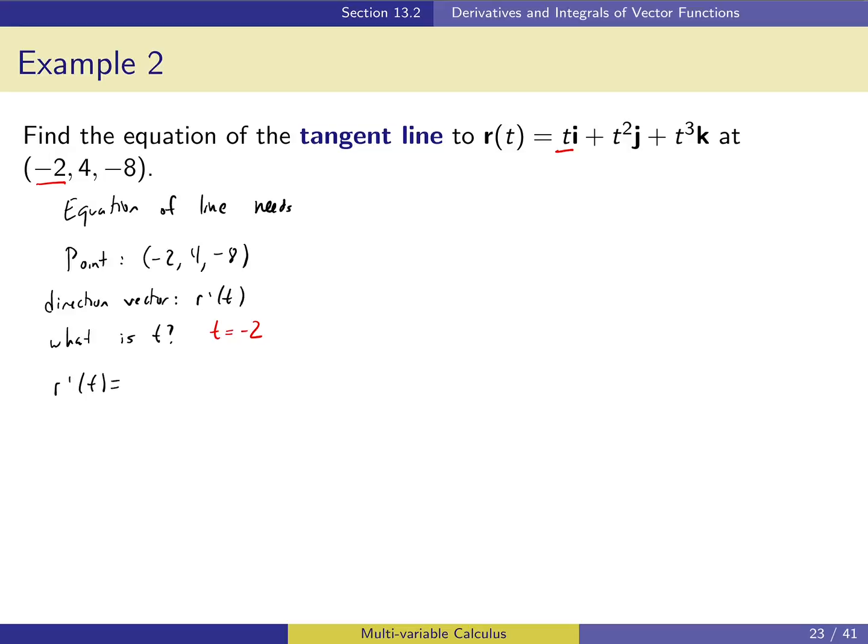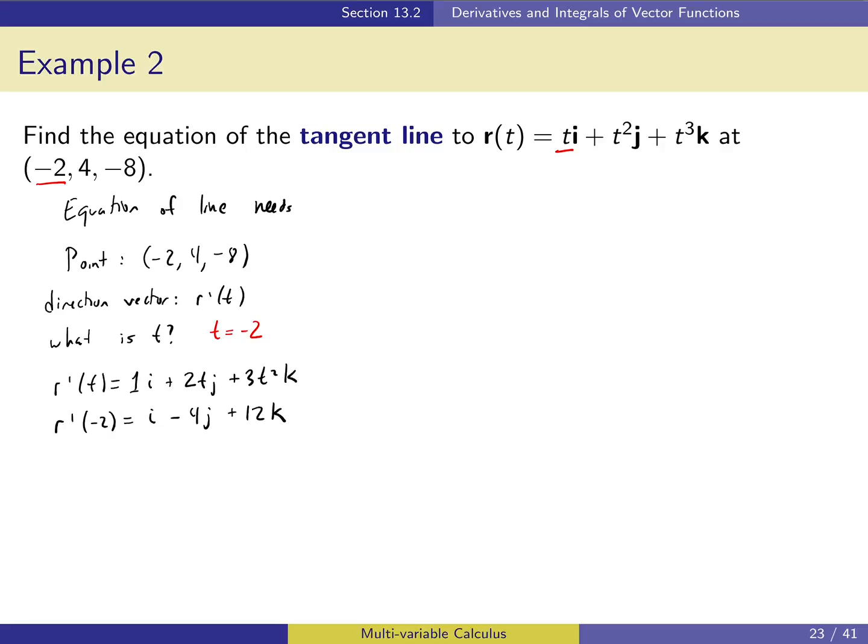The derivative of t is 1, so we'll have 1i. The derivative of t squared is 2t, so we'll have 2tj. The derivative of t cubed is 3t squared k. And if we want the tangent vector at negative 2, we just plug in negative 2. We get i minus 4j plus 12k. This will be our direction vector.